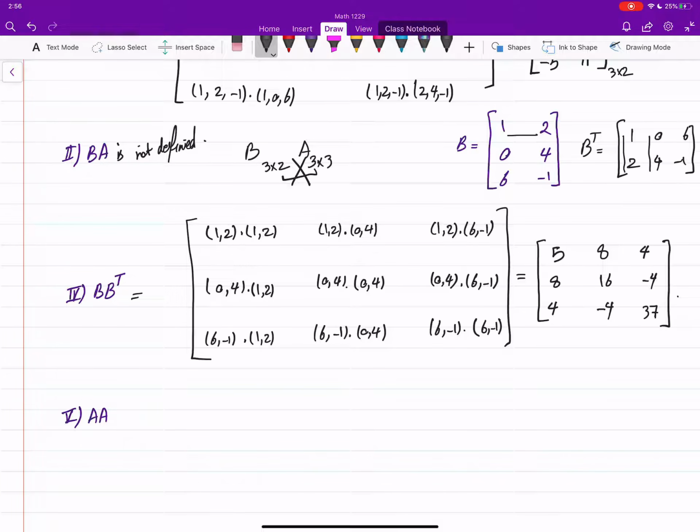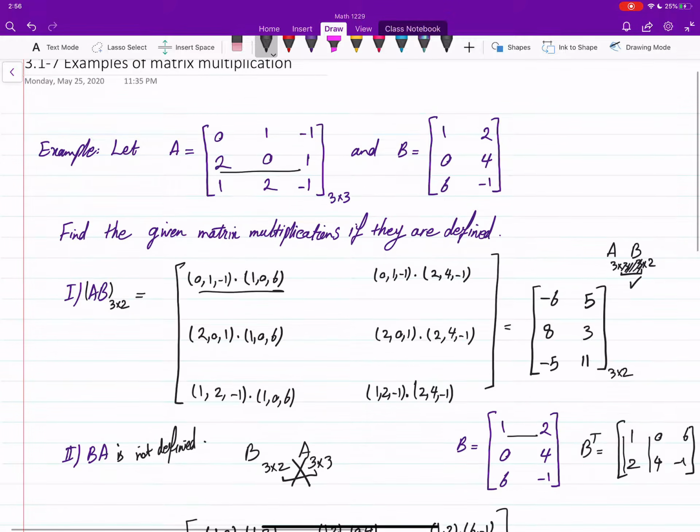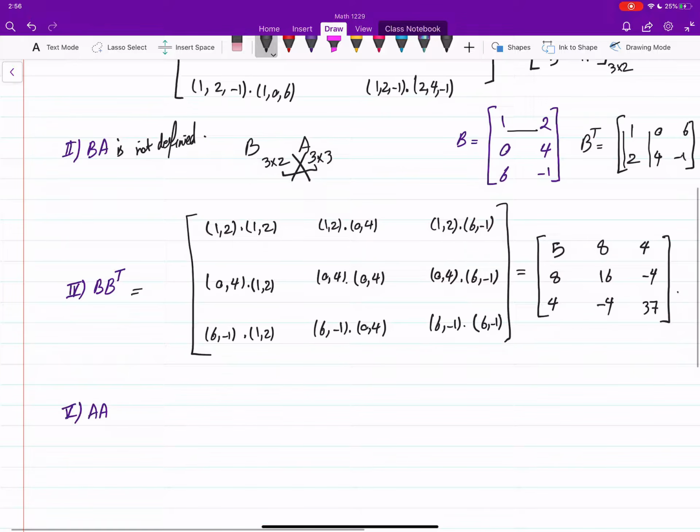How about A multiplied to A? What is A? A was, okay, I can write it here. So A is 0, 1, negative 1, 2, 0, 1, 1, 2, negative 1.